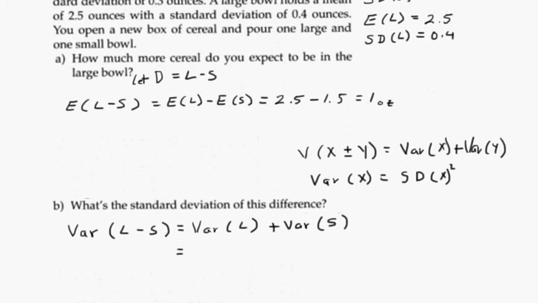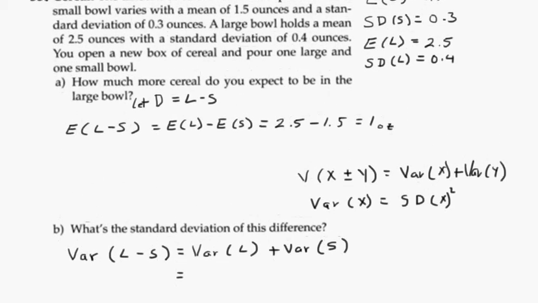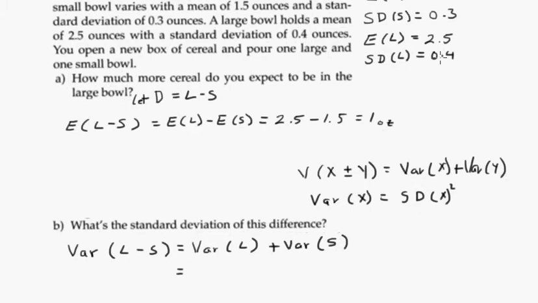So we can go up here and get the standard deviation of the large bowl, which is 0.4, and to make it the variance we square it. And for the small bowl it's 0.3, and we square that.